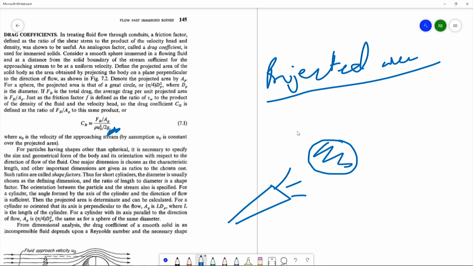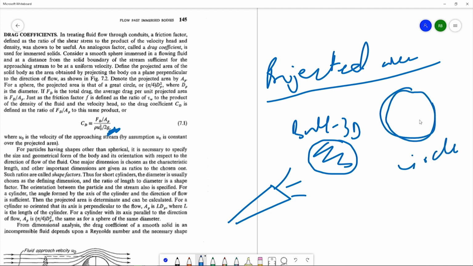This is a ball, 3D. What will be the shadow on the wall? It will be a circle. If you put a torch on a ball, that is a sphere, you'll get a shadow of a circle. So this is called projected area.